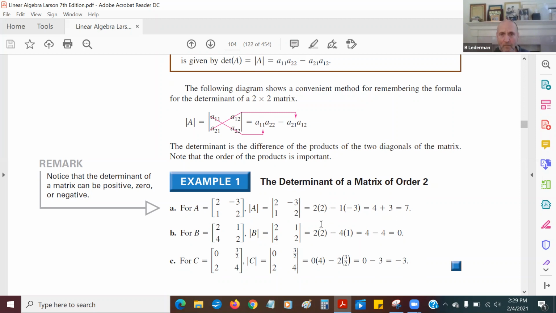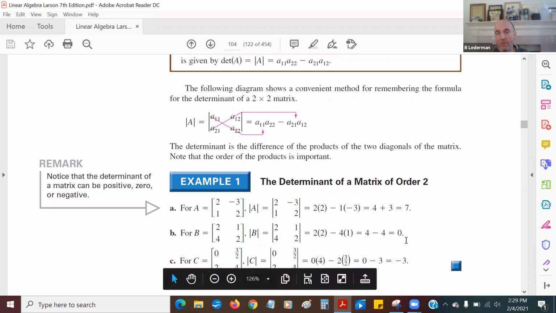So we'll go 2 times 2, then minus 1 times negative 3, which works out to 7. This next one is going to be 0, because 2 times 2 minus 4 times 1 is 0.